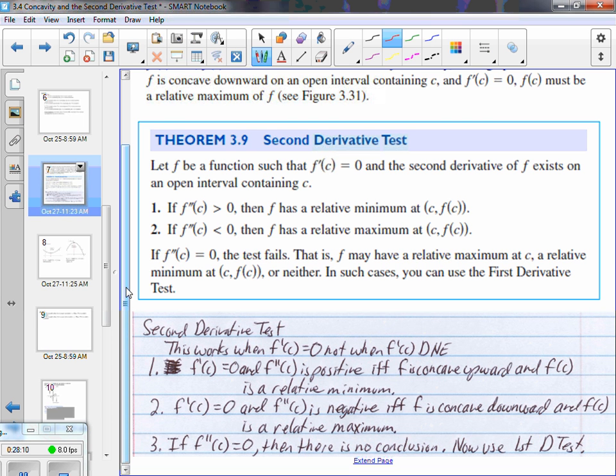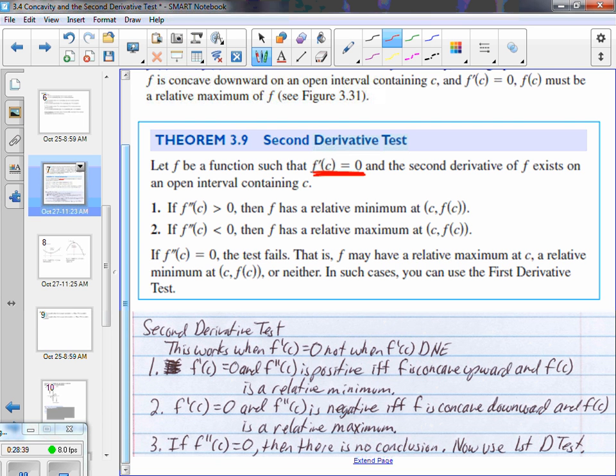It can't. If the first derivative does not exist when x equals 12, well then the second derivative does not exist when x equals 12. So the second derivative can't tell you anything about what's happening at x equals 12 because the second derivative doesn't exist at x equals 12. So the second derivative test only works where the first derivative equals 0. So it only works for those critical numbers.